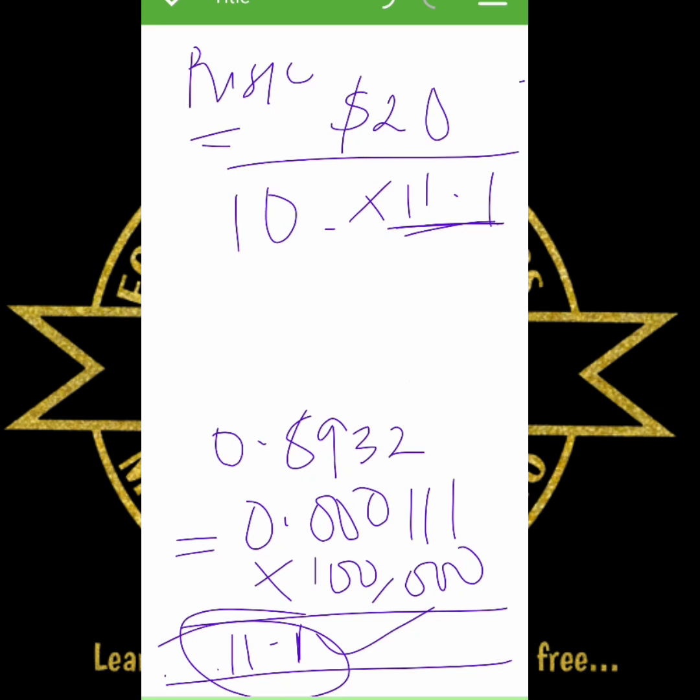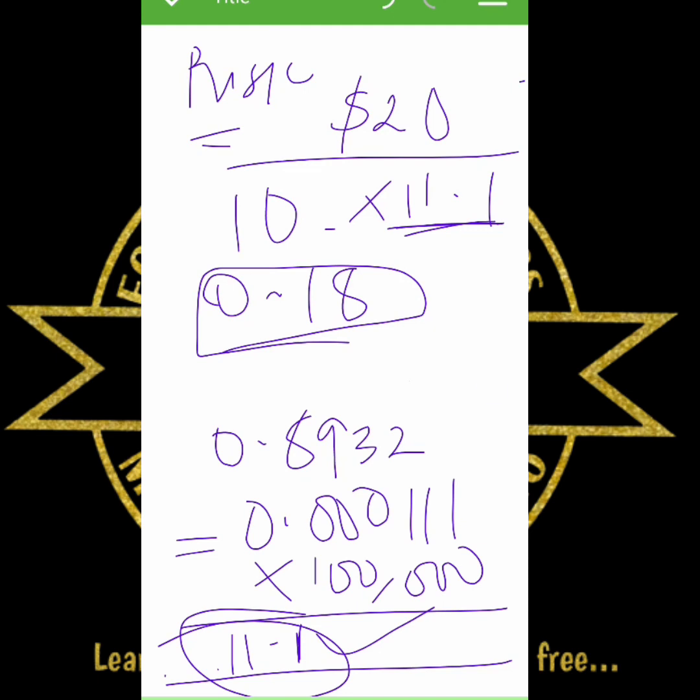So that means the lot size we want to open should be 0.18. That is the appropriate lot size to open when you are risking $20 and you are risking 10 pips. Okay, so that is for that.